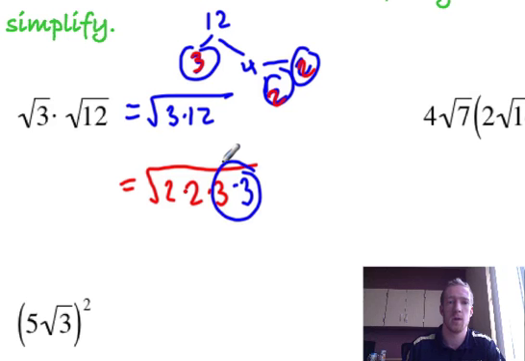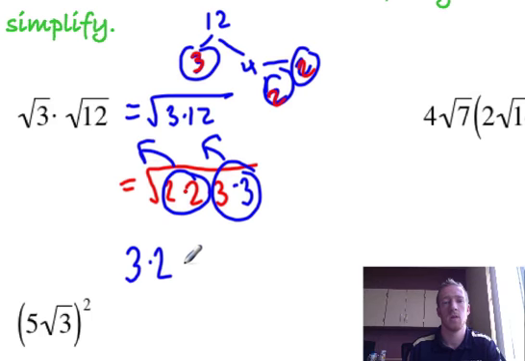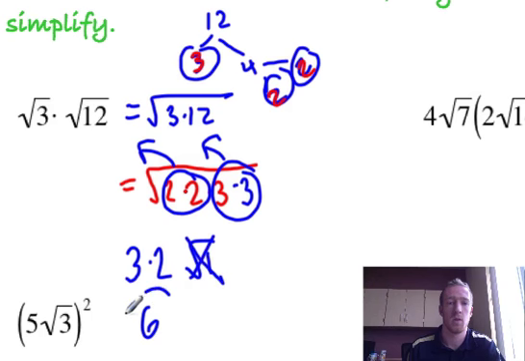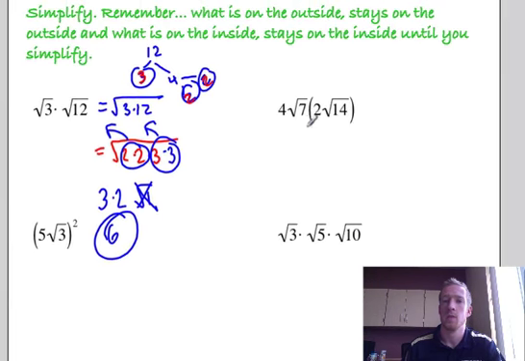So now I circle my pairs, take 1 out, take 1, 2 out, and that gives me a 6. So what am I left with underneath? Well, that simplifies really to the square root of 1, or it simplifies completely away. So it's just 6.